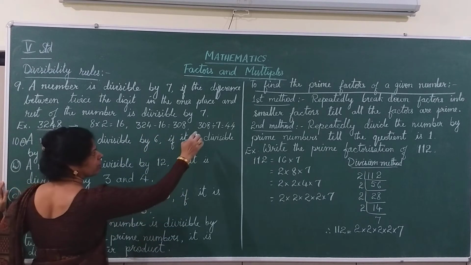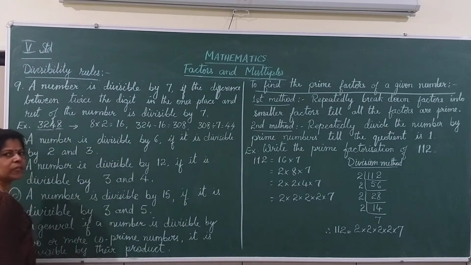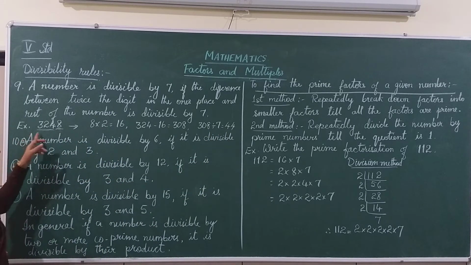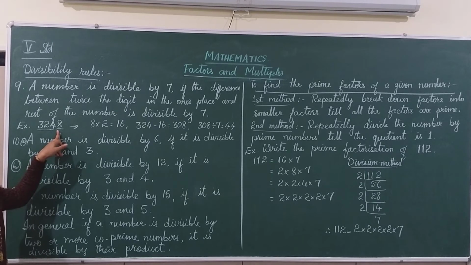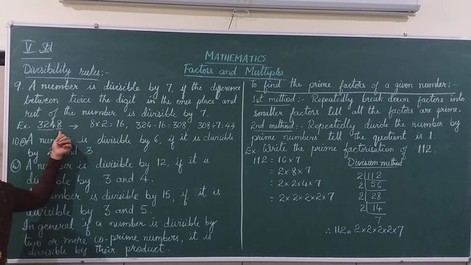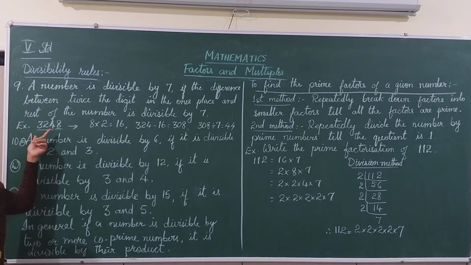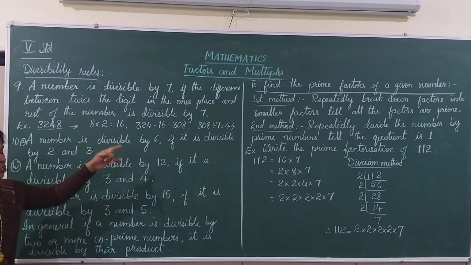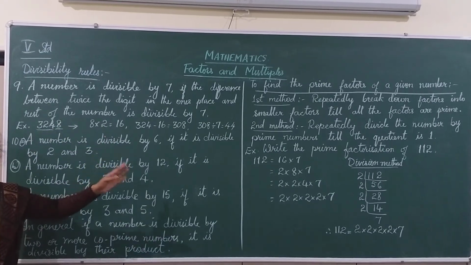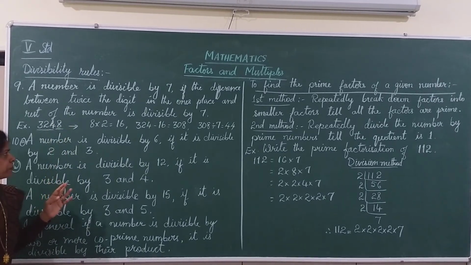If you divide 308 by 7, you will get 44 without remainder. So that means this whole number is divisible by 7. Understood now? The rule is twice the ones place should be subtracted from the remaining digits. Then you will get a number which should be divisible by 7 without remainder. Then it is divisible by 7.